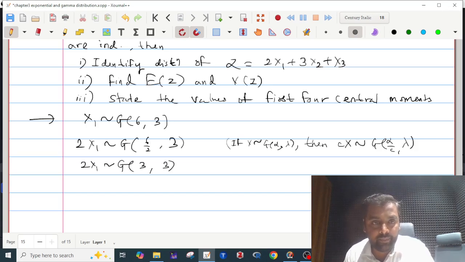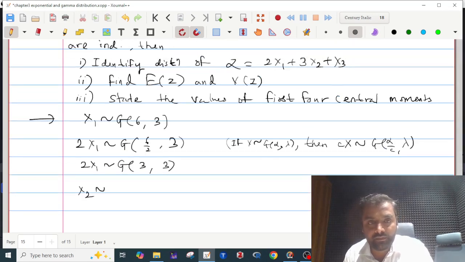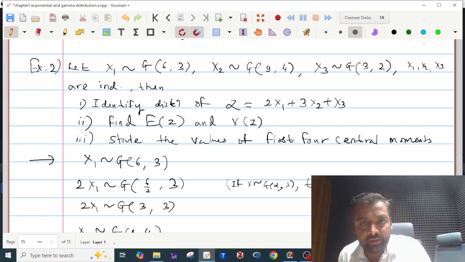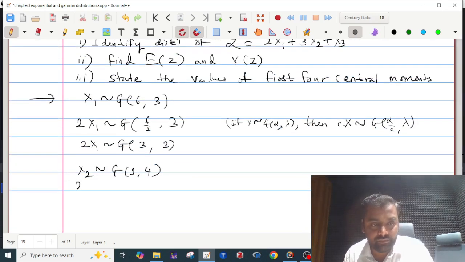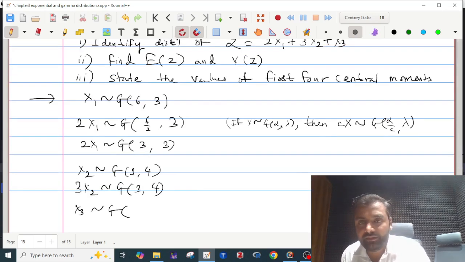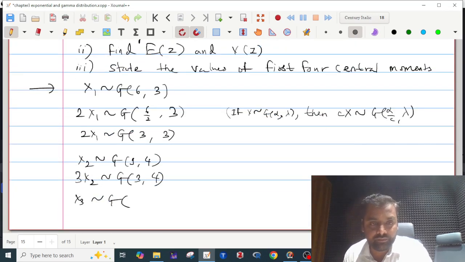Similarly, x2 follows gamma 9 comma 4, so 3x2 follows gamma 9 upon 3, that is gamma 3 comma 4. Similarly, x3 follows gamma 3 comma 2.